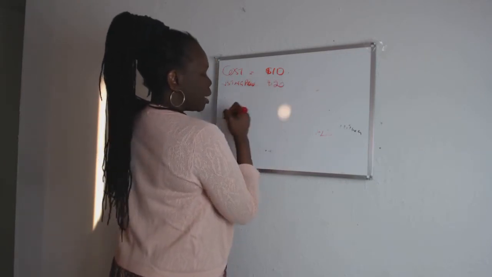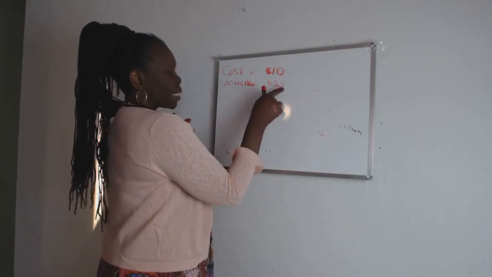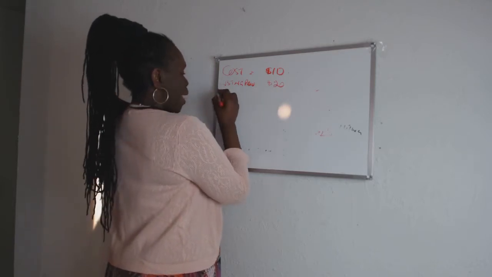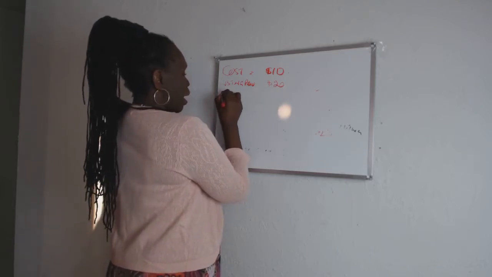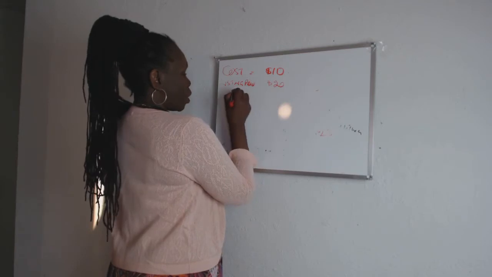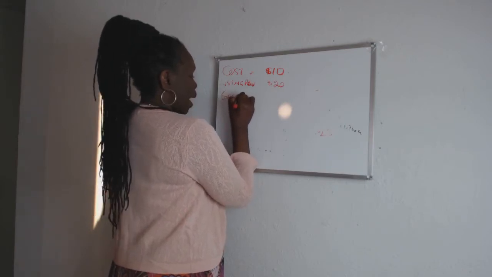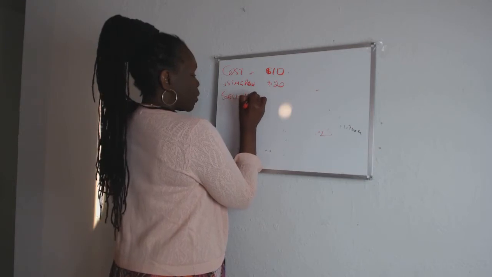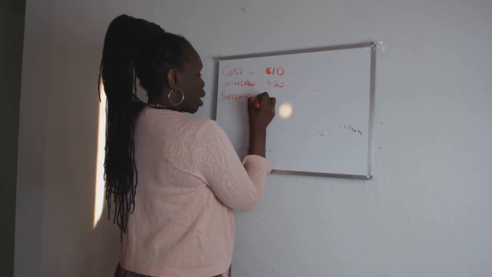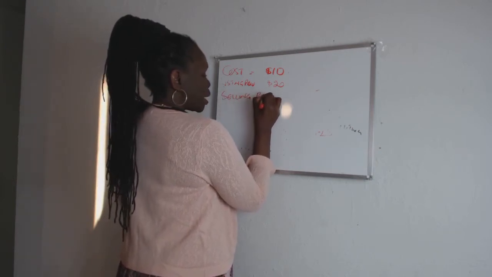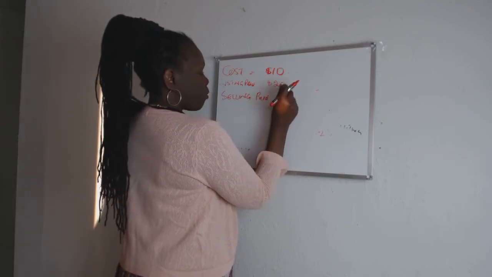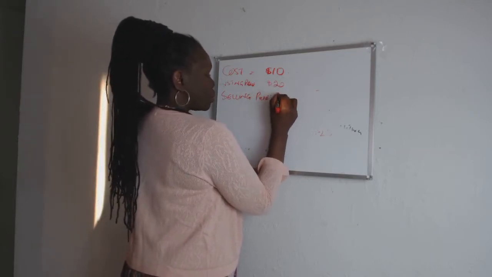Trying to keep it simple. Listing price is $20, and then it does sell. Because listing price and selling price are going to be different at times, I'll show you as we go along. Selling price, let's keep it at 20. Say it sells for the full price of 20.